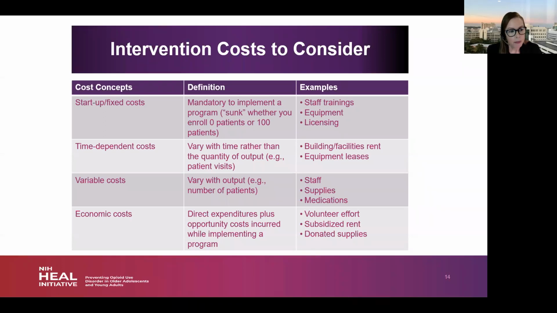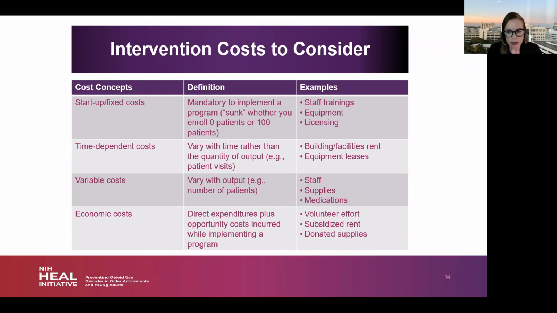So then post-startup, so post-implementation of an intervention, we have three categories of costs that we're interested in. For intervention costs, we focus on time-dependent costs. As that term implies, these are things that vary with time, that recur over time, typically things like leasing costs for buildings or facilities or other types of equipment.